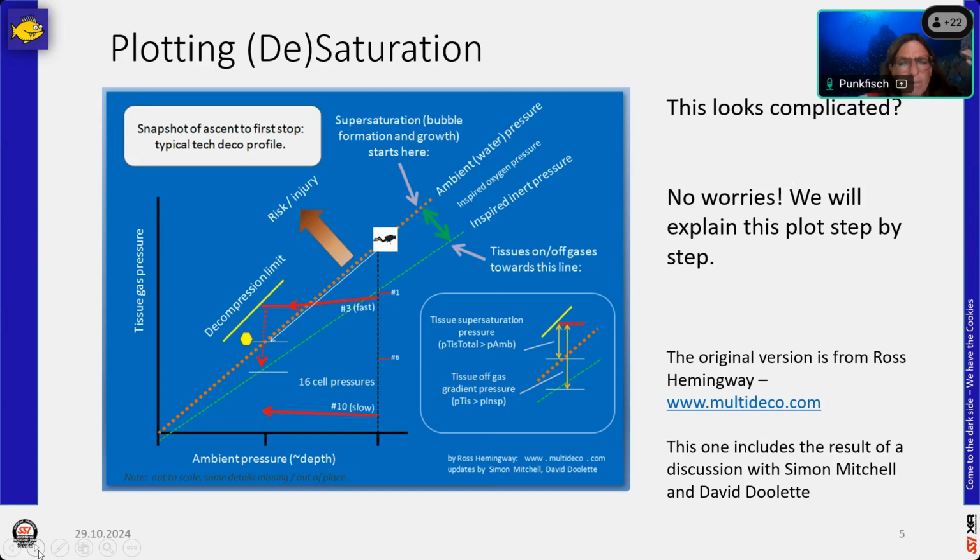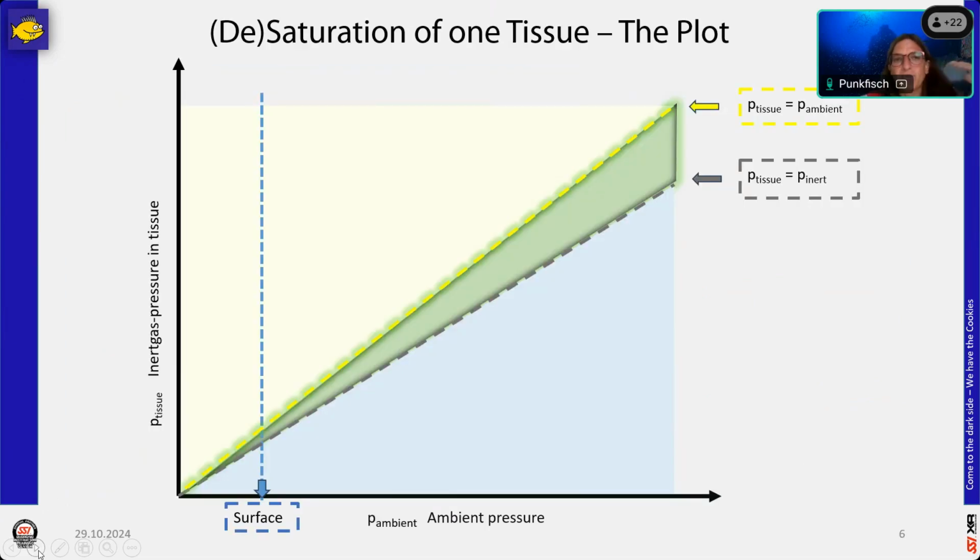So some of the people who do a lot of decompression theory and decompression science did contribute here. We only present what's already known about this. We don't make this up. That's important, and it's important to mention that there are other people who actually developed this plot. We just tried to make it a little bit easier to understand.